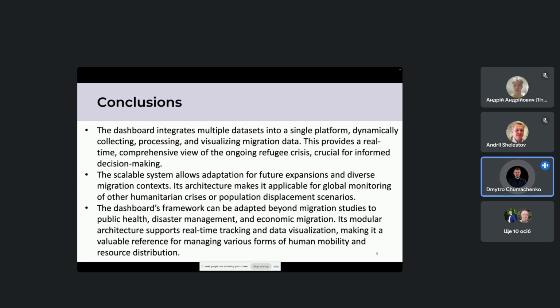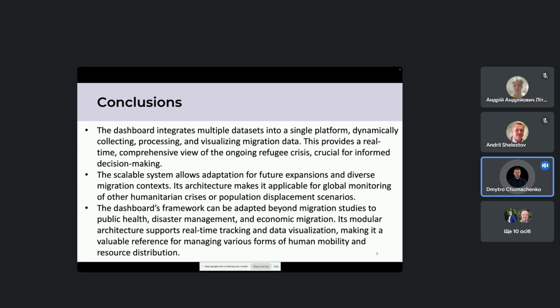So the novelty of the dashboard lies in its ability to collect, process, and visualize migration data dynamically, combining real-time updates with advanced filtering options. Integrating multiple data sets into a single platform gives users a holistic view of the ongoing refugee crisis caused by the Russian full-scale invasion of Ukraine.